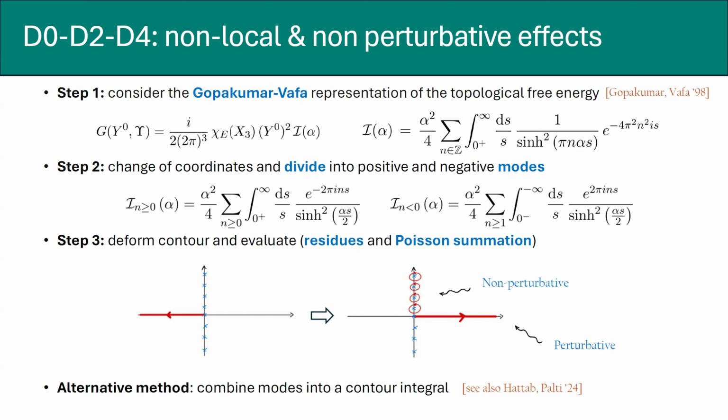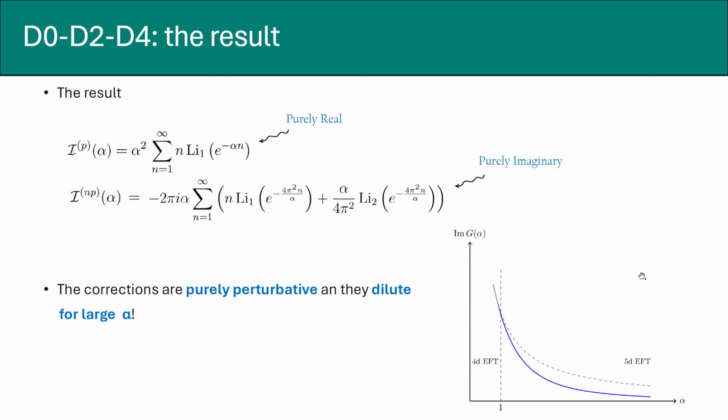But the really important thing you have to bear in mind is that the result of all of this, especially of the deformation of the contour integral in the complex plane, is that this piece of the prepotential boils down to two contributions. One can be written as a line integral and is perturbative in nature, because it is perturbative in alpha, and one picks up some pole contributions and is non-perturbative in nature, because it is non-perturbative in alpha.